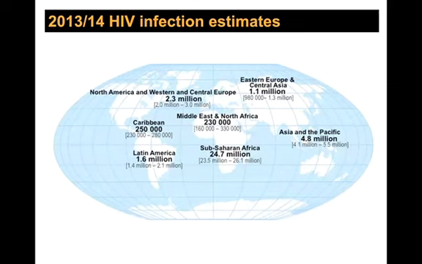So the first thing is, how big of a problem is this? These numbers are a little bit old, but they've held fairly steady for the past several years. If you look at the actual estimates, you can see that in every continent, in every geographic location, there are a number of people infected in the millions, but the vast majority of them are in sub-Saharan Africa.